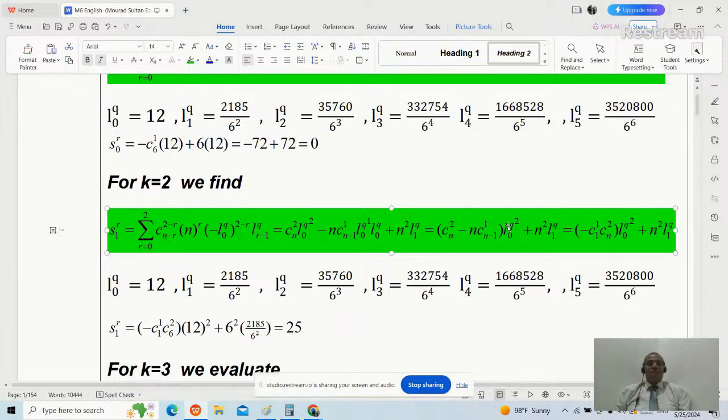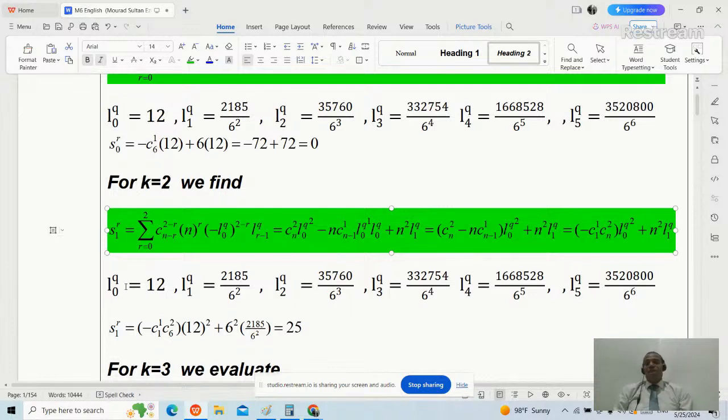After calculation, you can see this is, in fact, 1 times the combination n choose 2 times L0 of q squared plus n squared L1. Learners, this formula is a discriminant for any quadratic equation, and also for any point to the power n when, let's say, setting k equal to 2, and n varies between 2 and more.